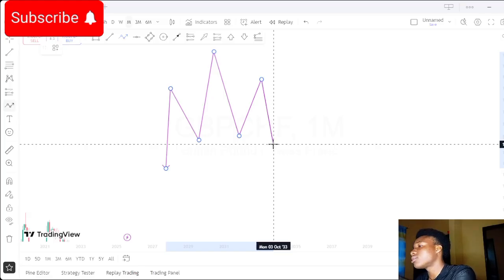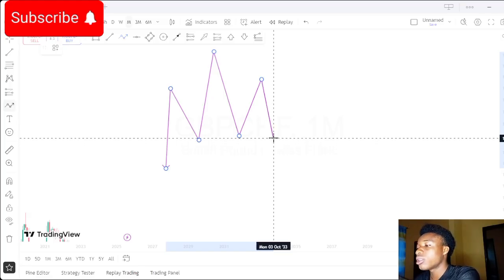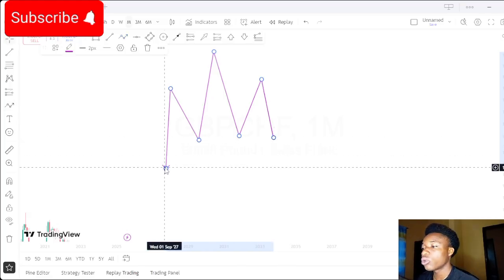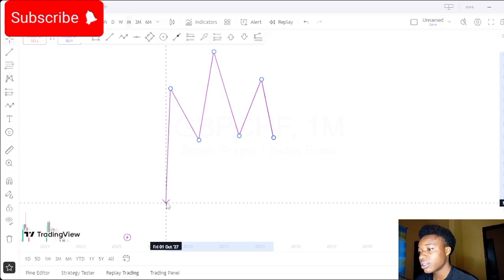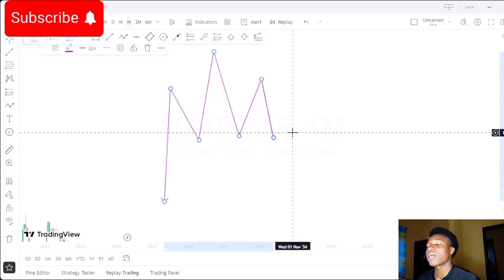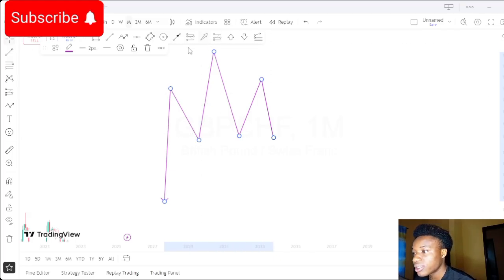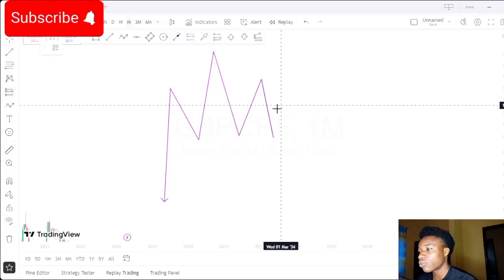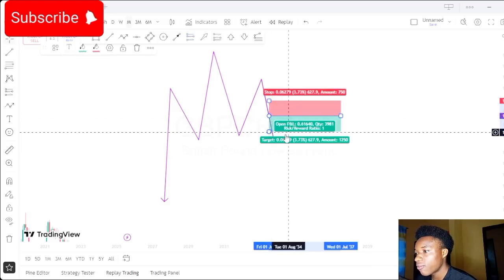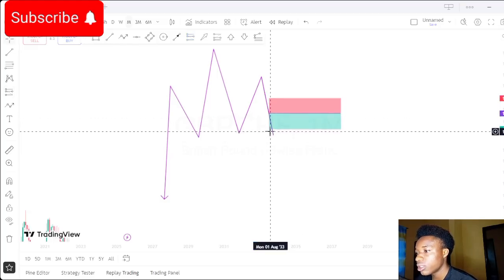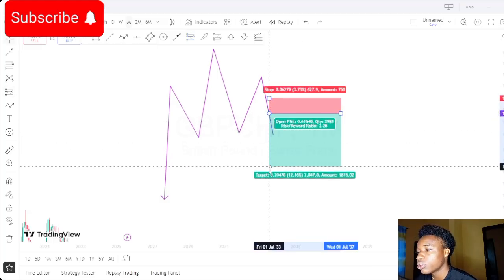So some traders get it wrong when they start selling from here. Like right now, this is a head and shoulder pattern. Yes. So some traders will get it wrong when they start shorting from here down to the next high, which is this place.